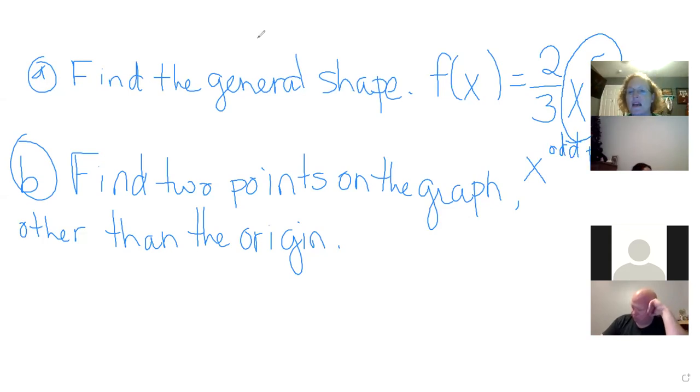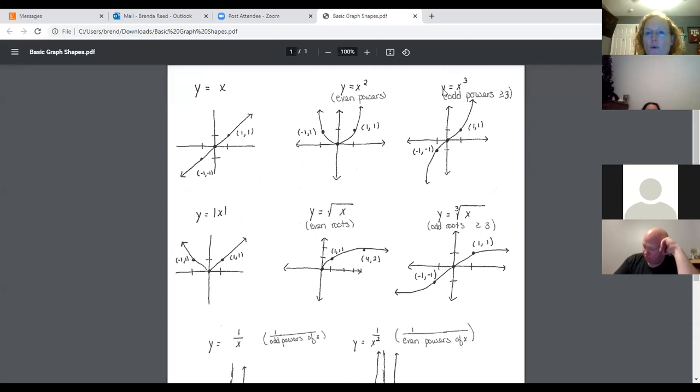I'm going to abbreviate that. The way we know that's x to an odd power is because that is x to the fifth. So if we come back over here and look at our basic shapes again, if we have x to a power, as long as it's odd, it is this curved shape right here.